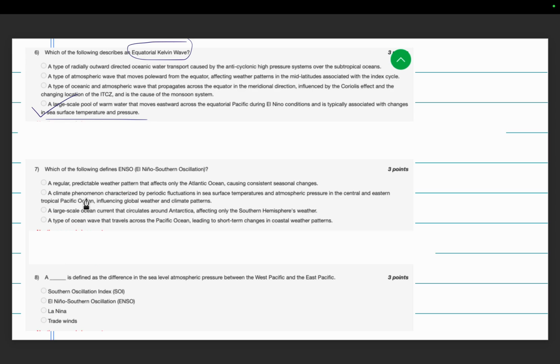A regular predictable weather pattern that affects only Atlantic Ocean causing the consistent seasonal change; a climatic phenomena that is characterized by periodic fluctuation in sea surface temperature and atmospheric pressure in the central and the eastern tropical Pacific Ocean, including global weather and climate pattern; a large-scale ocean current that circulates around Antarctica affecting only the southern hemisphere weather; a typical ocean wave that travels across Pacific Ocean, leading to short-term changes in coastal weather patterns.